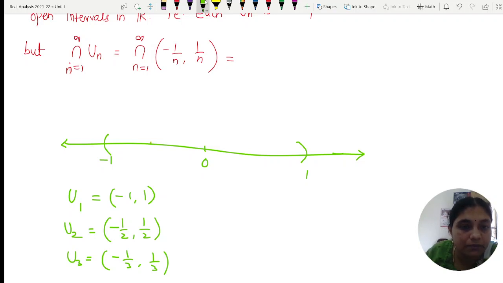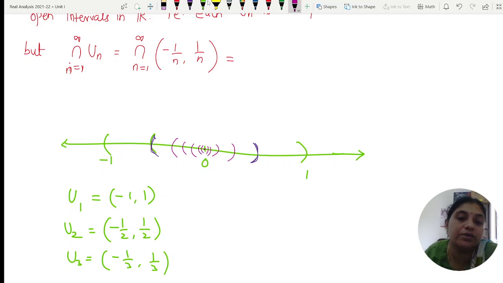So half will be somewhere here. I will denote with a different color. This is say U2. Where will be U3? U3 will be somewhere here, U4 and so on.